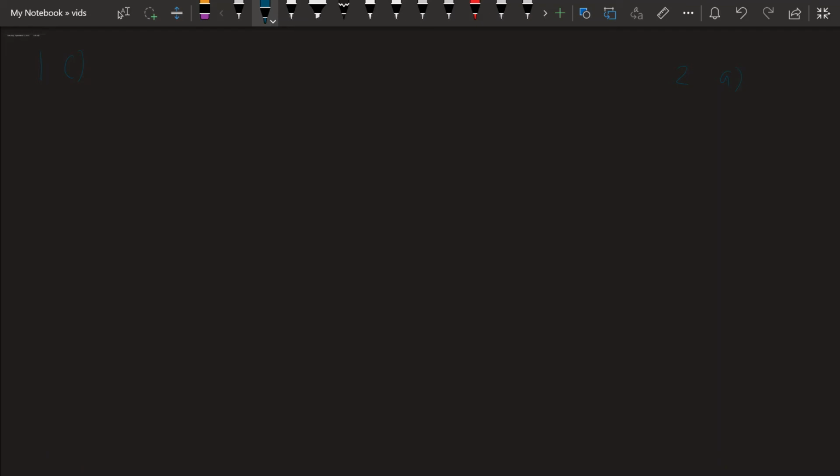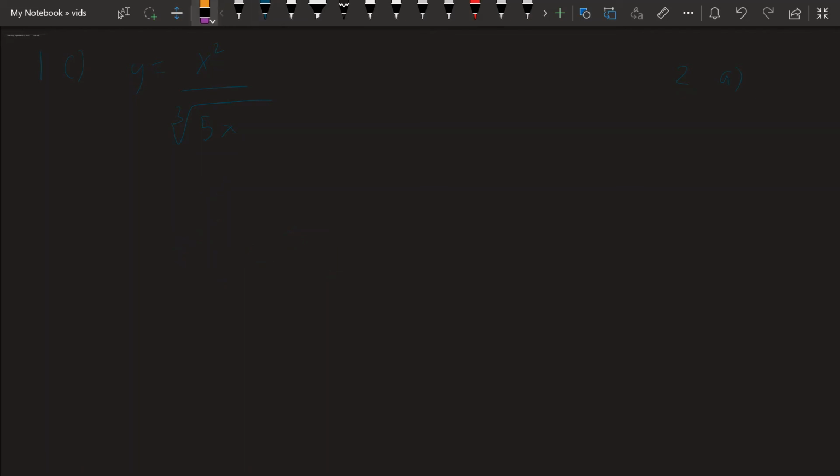So 1c tells you that y is equal to x squared over the cube root of 5x, right? So we can rewrite this as x squared multiplied by 5x raised to the power of minus 1 over 3. Right, guys? So now how might we solve this?